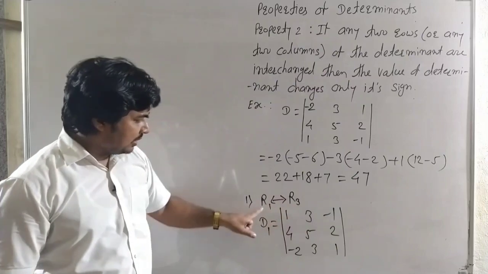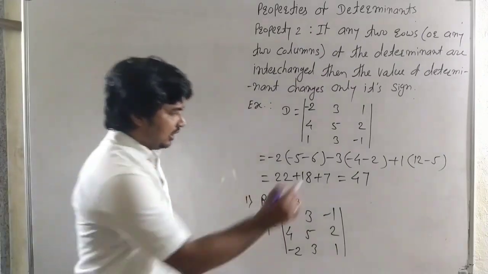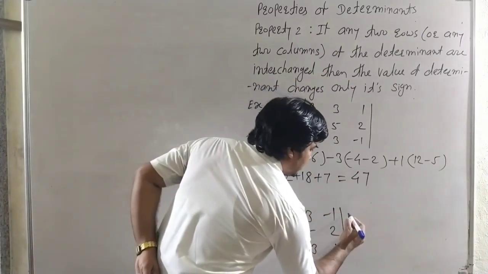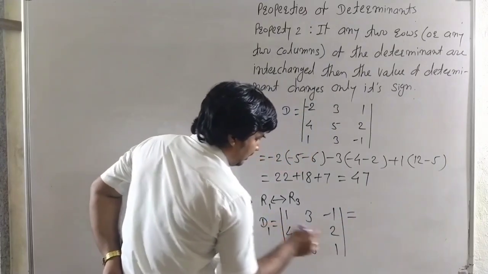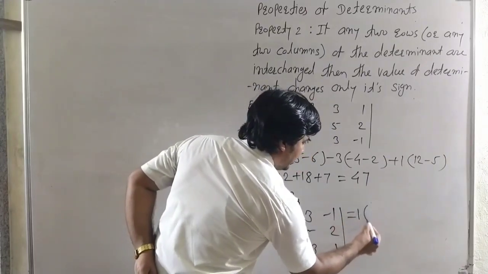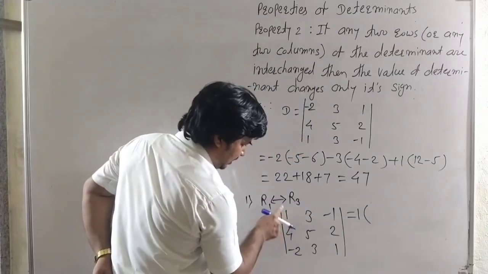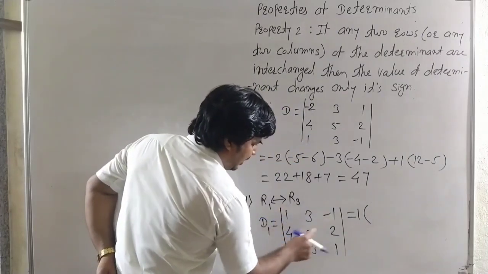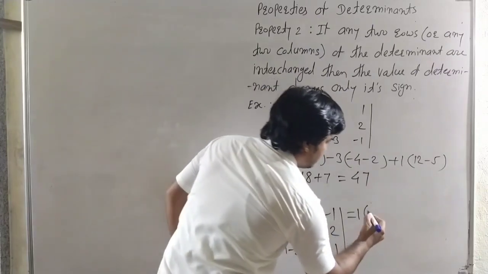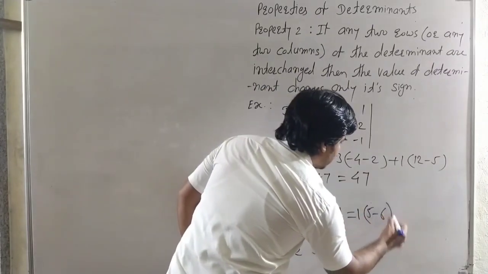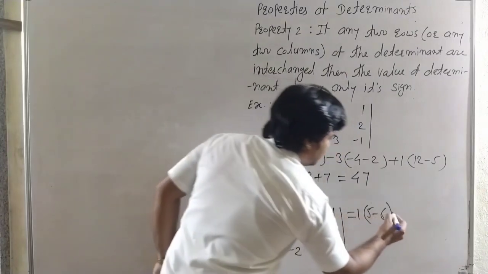Here first we take R1 interchange R3. Here we take the value of the determinant. First element 1 into, see carefully, eliminating its row and column, 5, 2, 3, 1: that means 5 into 1 is 5, minus 6. Change the sign of the middle term, that is -3.